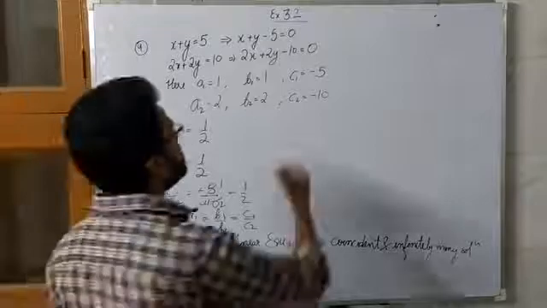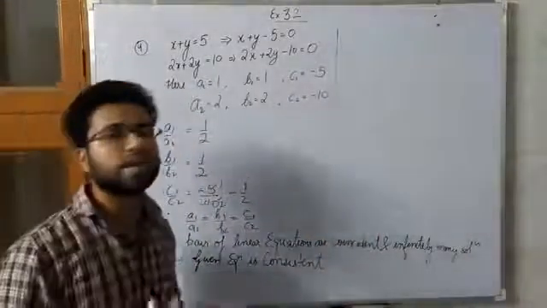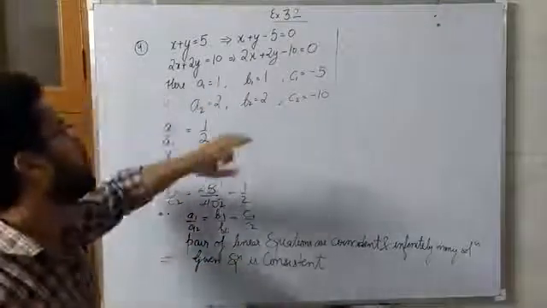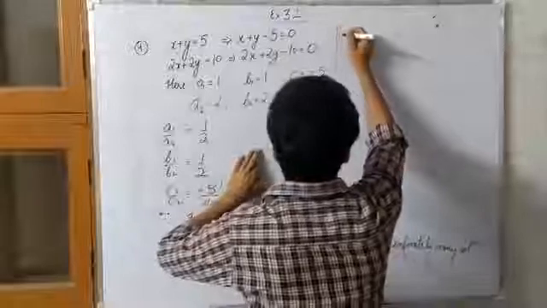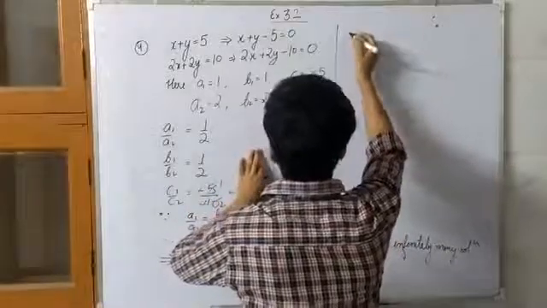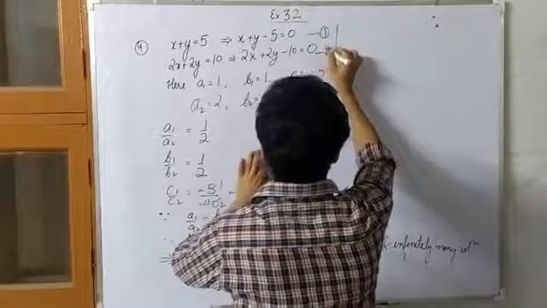Now what you need to do, it was said that if the pair of linear equations is consistent, then you have to make their graph, right? So how will you plot the graph? You consider this equation. Now let's say this was equation 1 and this was equation 2.